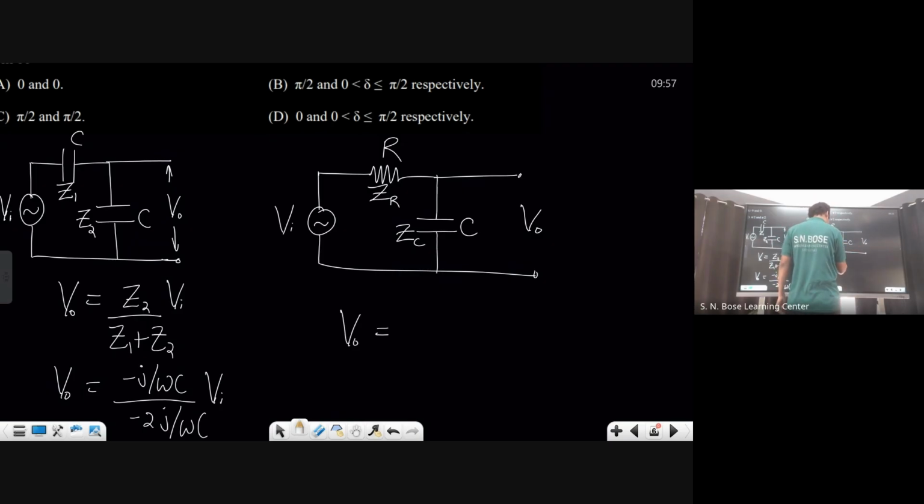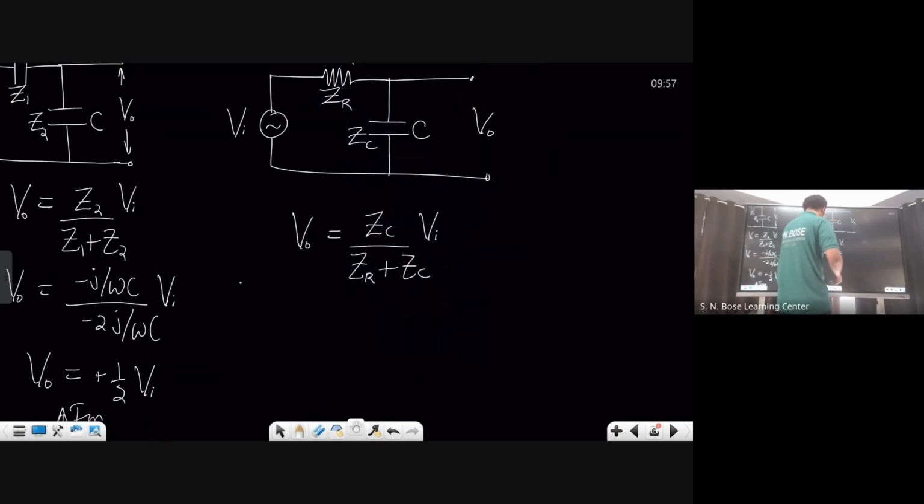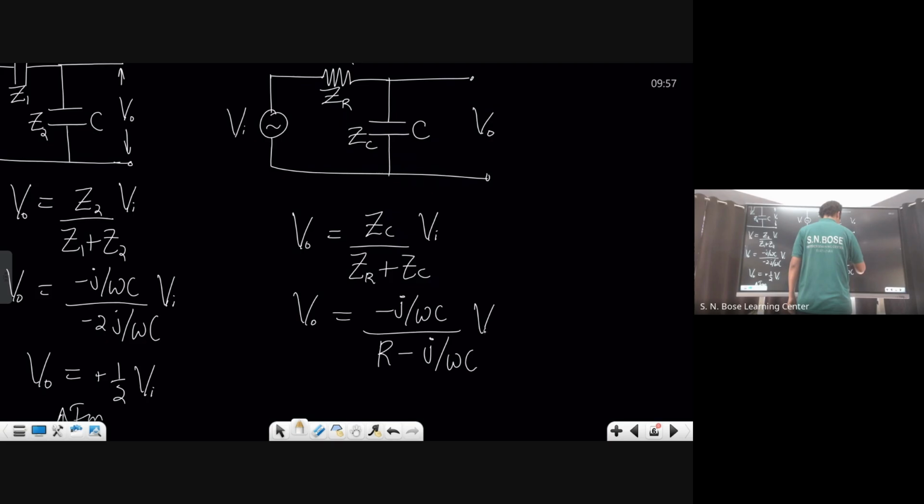That's equal to the main voltage Vi into the impedance in the same arm, ZC, divided by the sum of impedances, ZR plus ZC. Now you may need to do some complex algebra here. What is this? Minus j by omega C divided by R minus j by omega C into Vi.